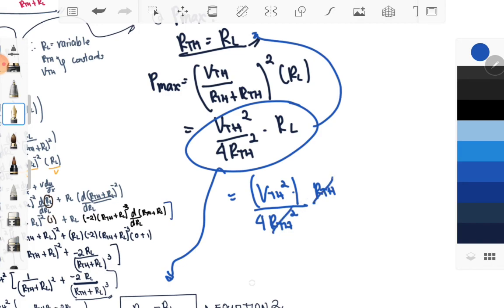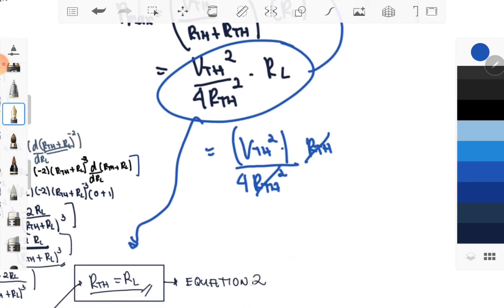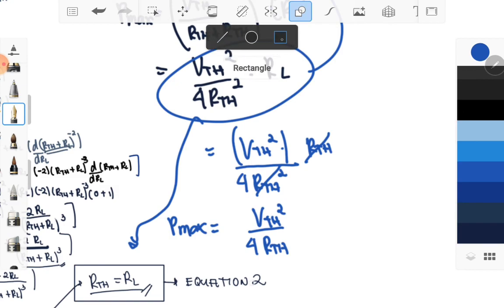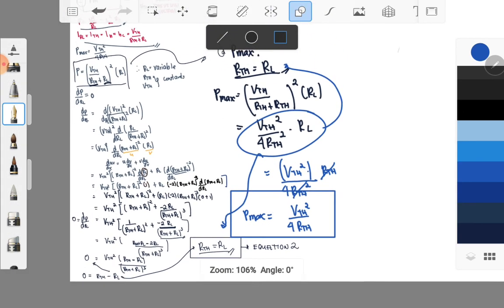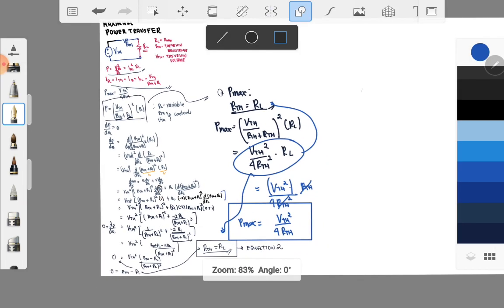So cancelling one of your RTH, we have VTH squared all over 4RTH, which is equal to your Pmax. Okay, that is our maximum power transfer. That is the formula for our maximum power transfer.